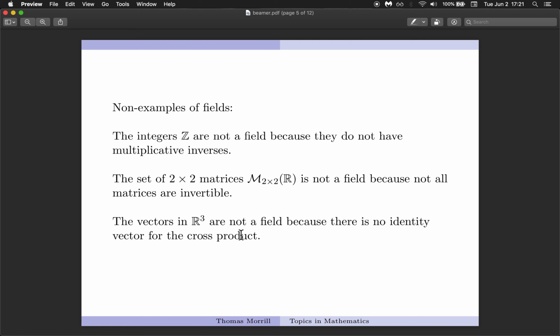And the curve will consist of all of our coordinate pairs, x and y, that satisfy the equation. And as long as we are in a field, we'll have all of the necessary algebraic tools in order to do elliptic curve cryptography, just that some fields are better than others.